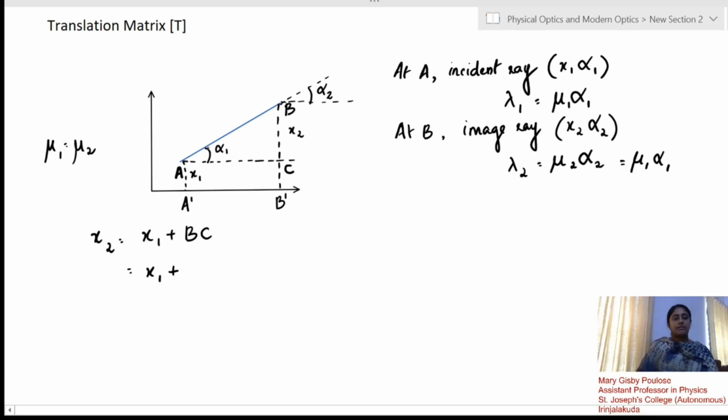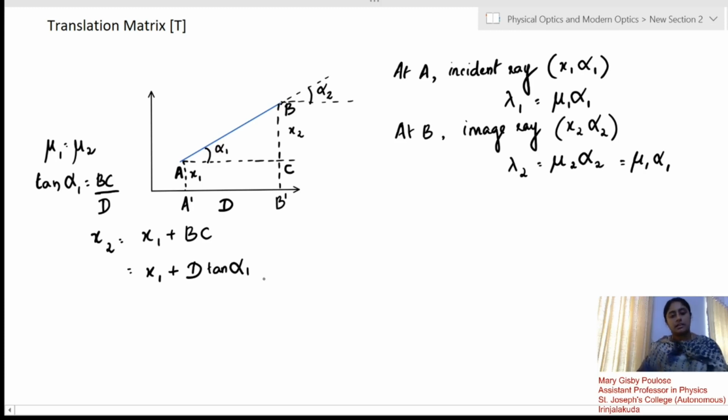If I take the tan of alpha 1, tan alpha 1 is equal to the opposite side BC divided by the adjacent side AC. I'm going to define the distance traveled by the light ray along the z-axis as capital D. Hence, AC becomes D. So BC can be substituted as D times tan alpha 1.